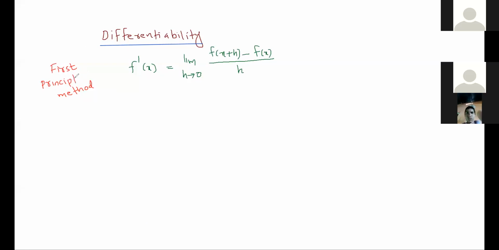First principle method. तो इसका geometrical meaning मैंने उसी फर्स्ट दिन बोला था, it is the derivative. डेरिवेटिव मतलब it is the slope of the tangent.